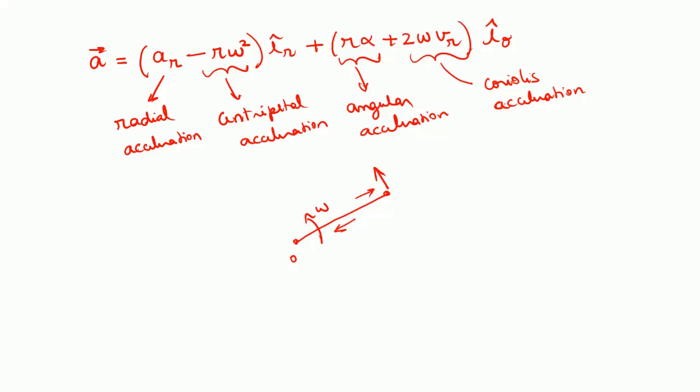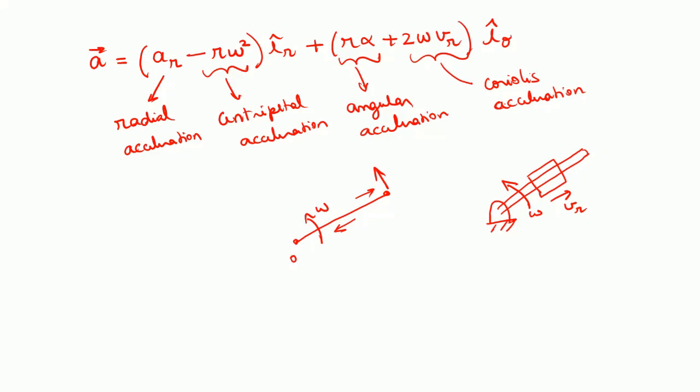Another one is the Coriolis acceleration. This Coriolis acceleration can be understood by a rotating slider crank mechanism. For example, in theory of machines, a particular slider is sliding over this rod, and this rod is rotating in this direction with omega, and the slider is going with Vr.